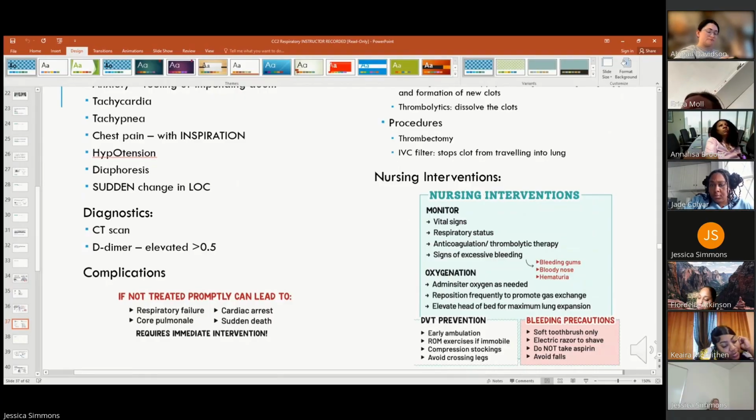In general, signs of bleeding, nursing assessment wise. Oh, bleeding. Easy bruising, bleeding gums, bloody nose, hematuria, GI bleed, petechiae.